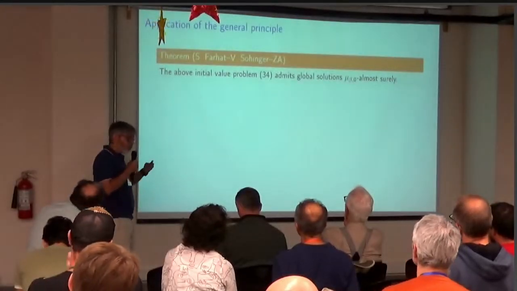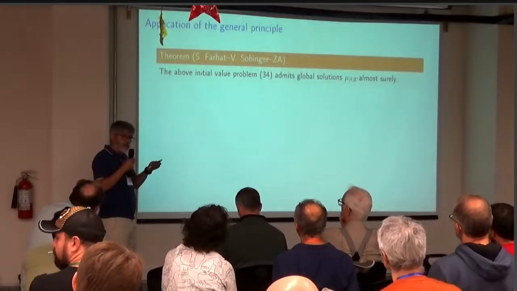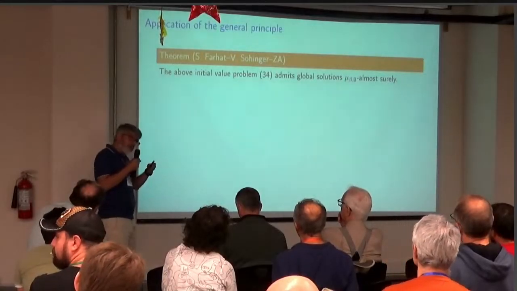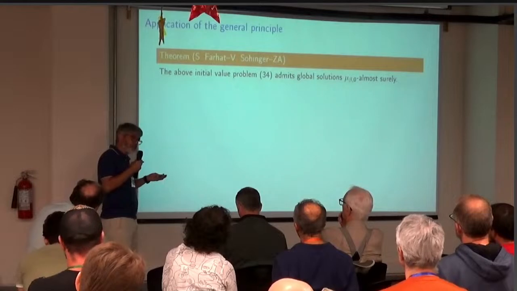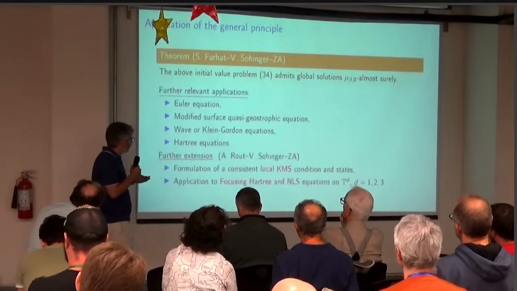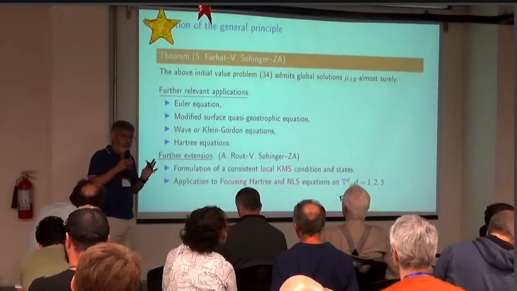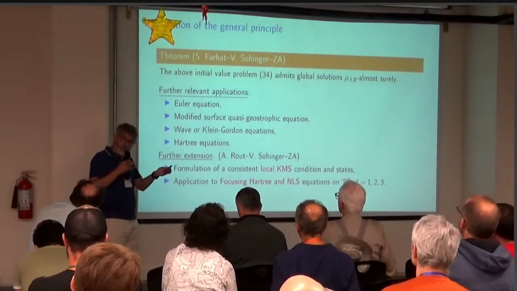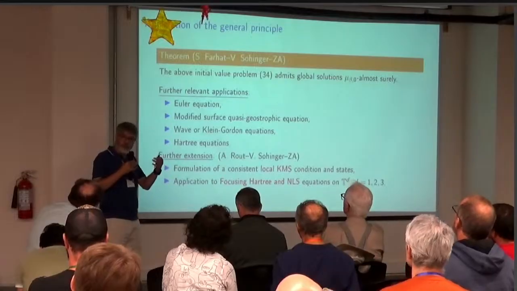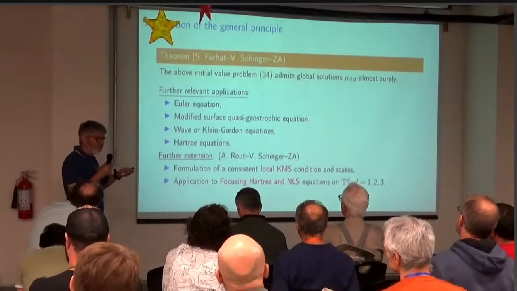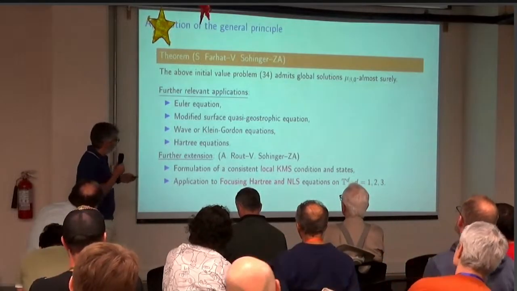You can also apply these general theorems to a lot of other nonlinear PDEs. I'm going to give a list. It's not necessary to be Hamiltonian, by the way. I focus a little bit on Hamiltonians because it's easy to introduce them and they have more appealing substance to talk about, but it's not necessary.